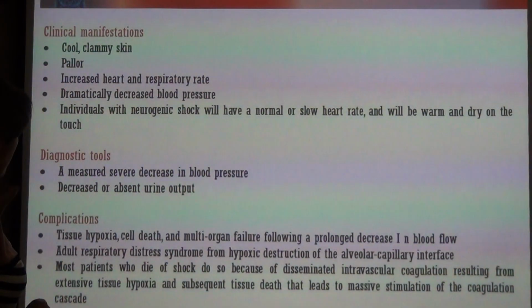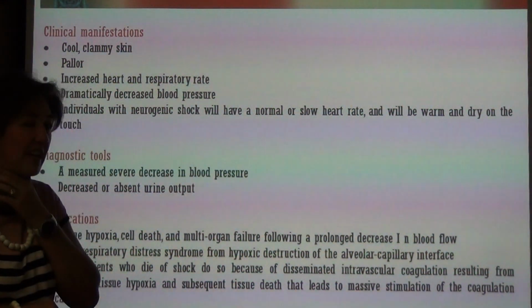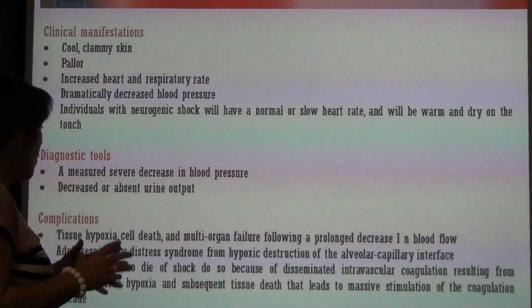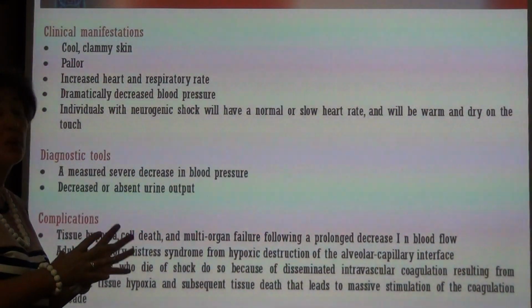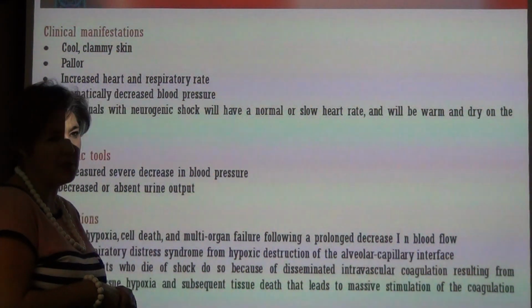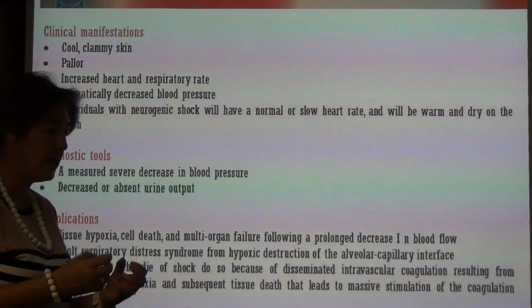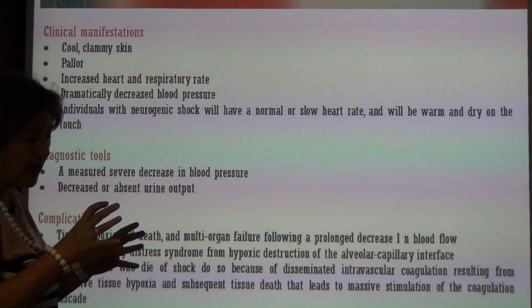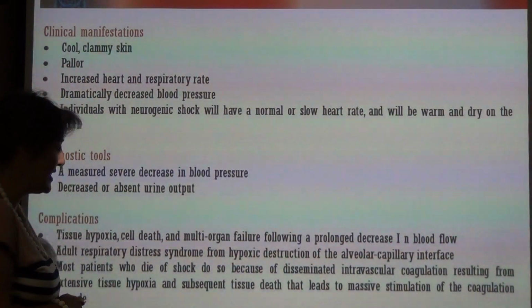And then most of the patients that die from shock, where the shock becomes irreversible, will develop DIC, which is disseminated intravascular coagulation. Due to the severe and prolonged periods of hypotension that this patient is suffering from, they start to clot spontaneously. Okay, so they form little blood clots all over, and that is then referred to as DIC.